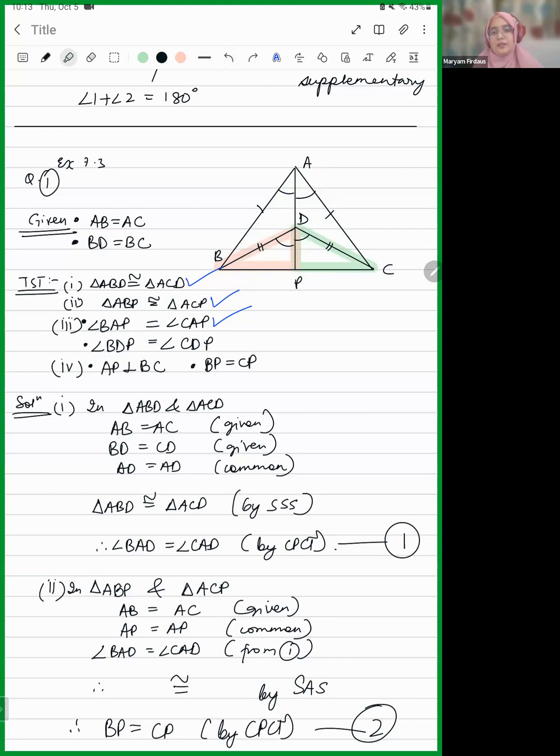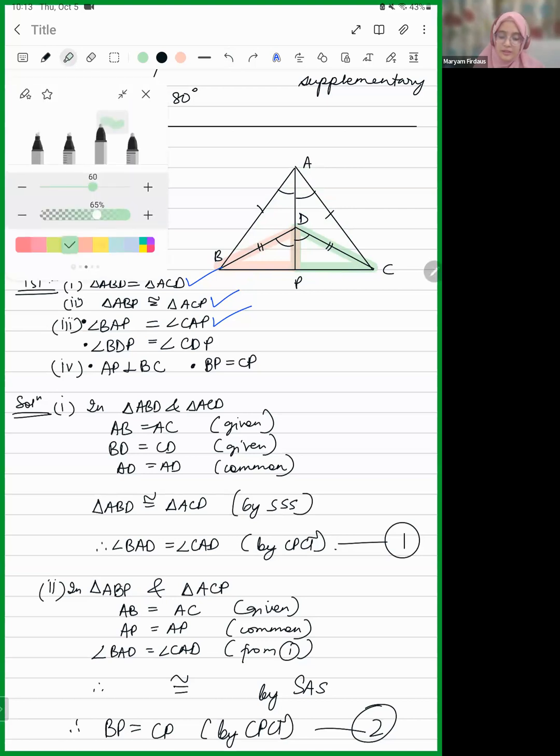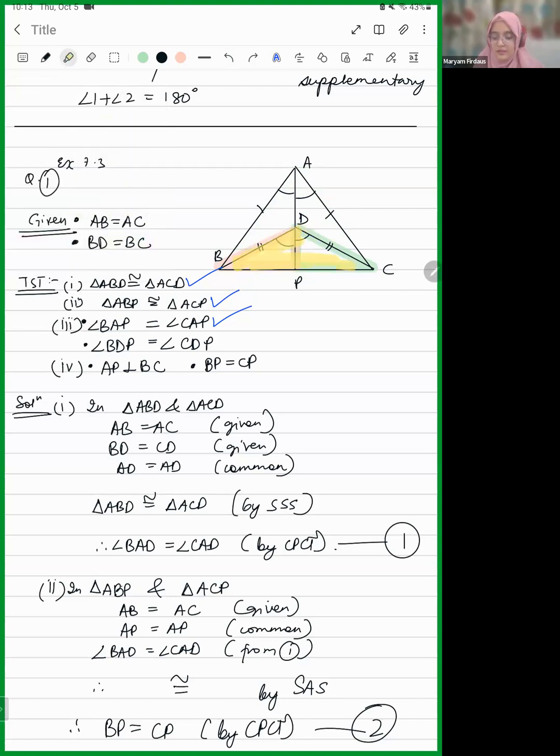Okay, what about this triangle? No, we'll take the small one only. There are a lot of small ones. Triangle DCB. You are talking about this triangle, the yellow one.